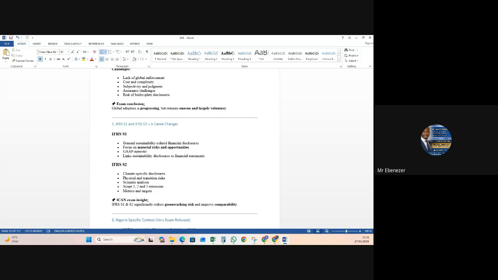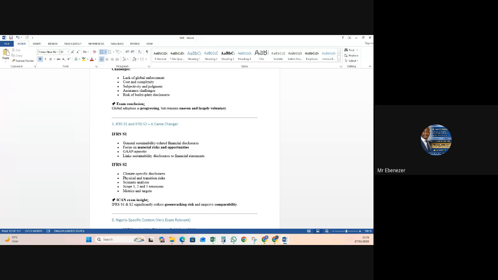Then it is GAAP agnostic. GAAP agnostic means that we are saying that you should disclose to your investors and ensure that they understand the connections between the sustainability risk and the opportunities.